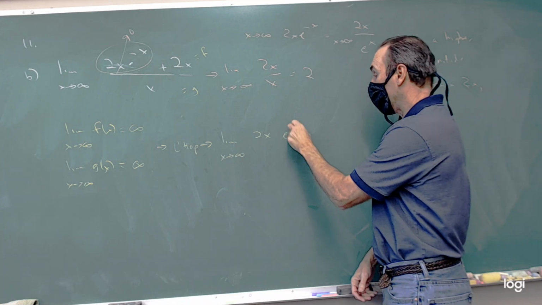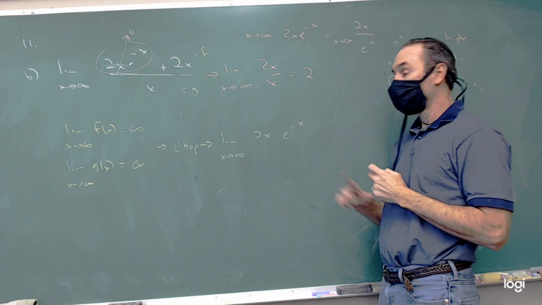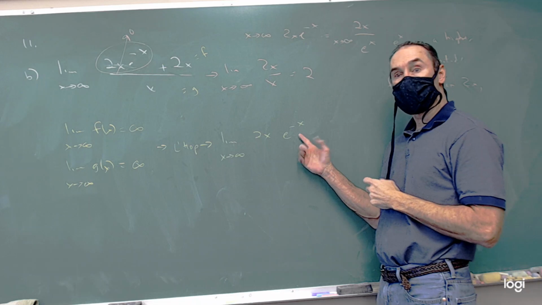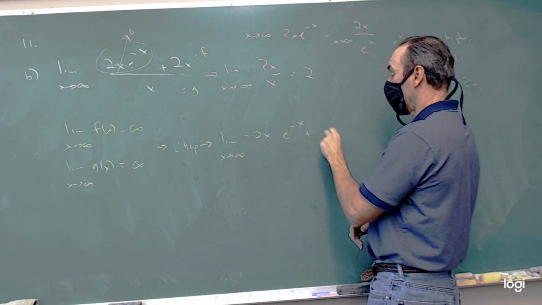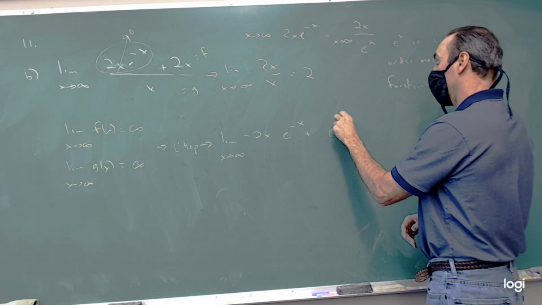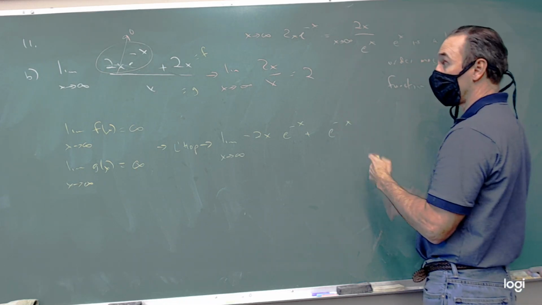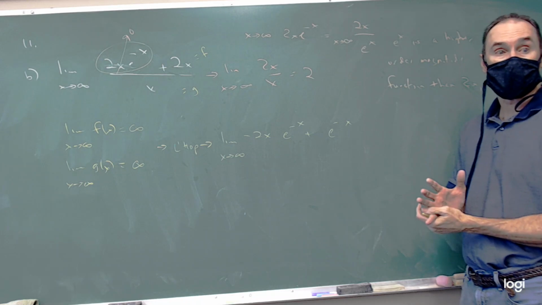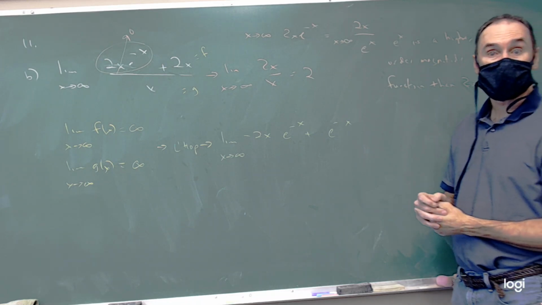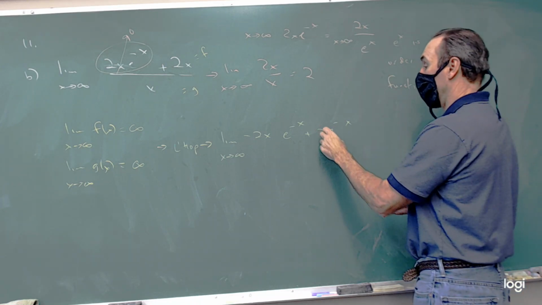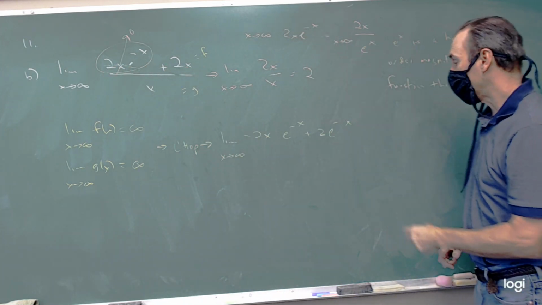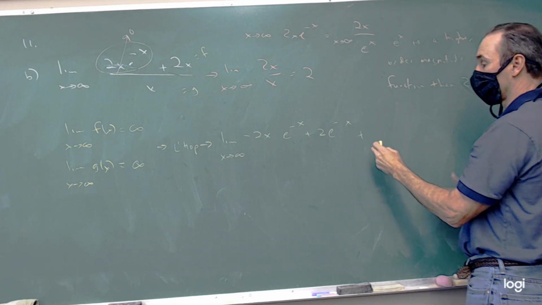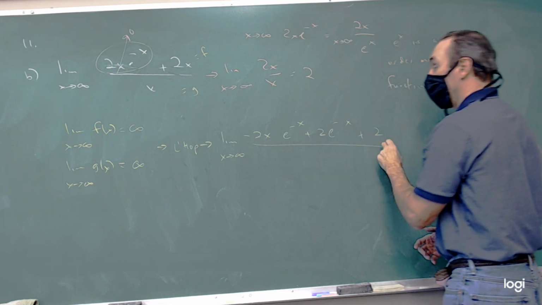So we're going to get that same exponential back, times the derivative of the exponent, which is negative 1. I'm just going to put it out in front. Plus the second, e to the negative x, times the derivative of the first, and the derivative of 2x is 2. And that's all over now 1.